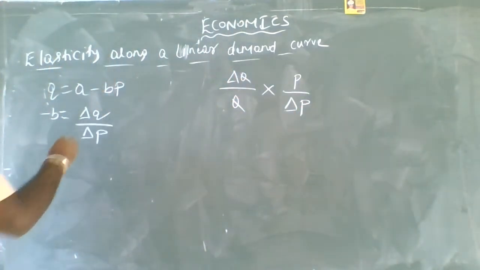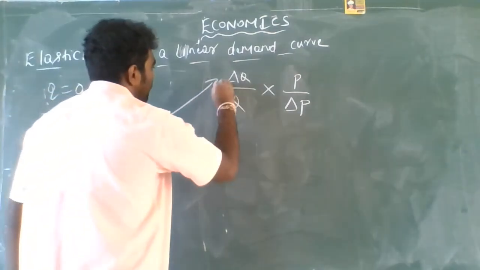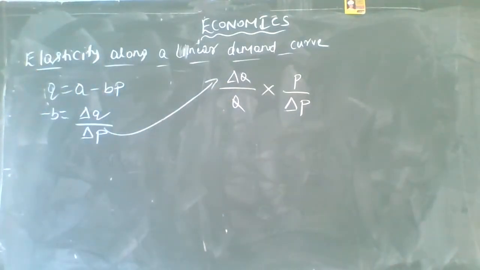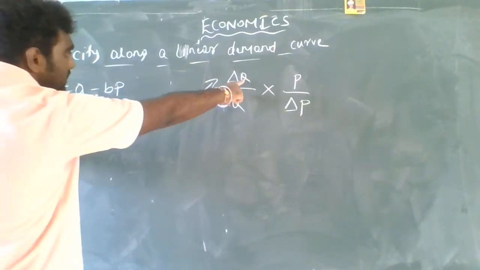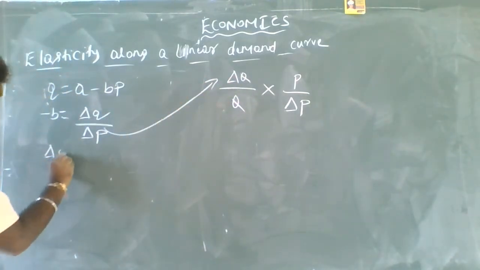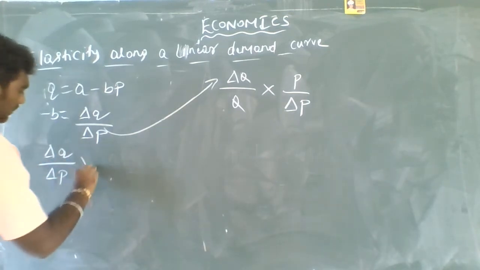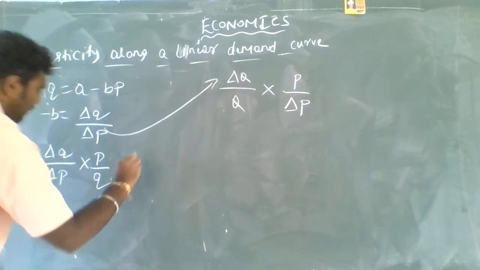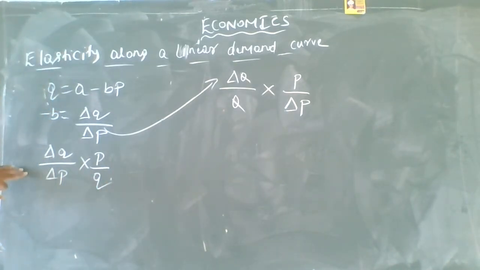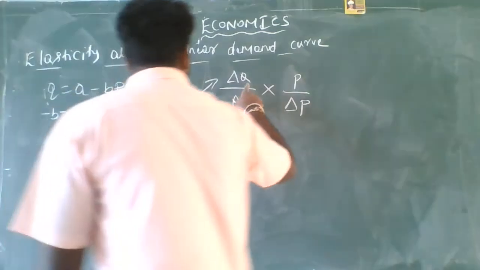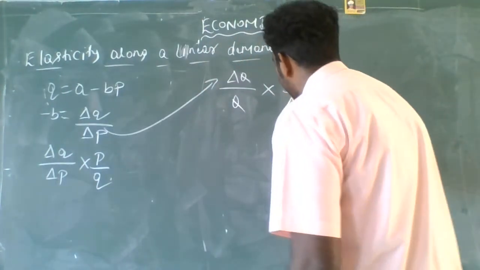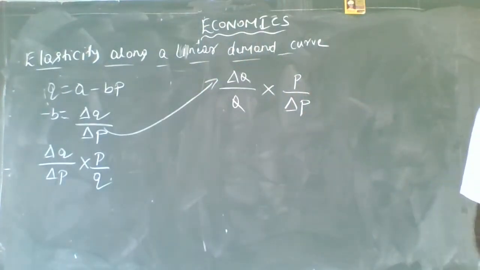Now, if I substitute this into this equation, I can rearrange and write delta Q divided by delta P into P divided by Q. I just rearranged it.